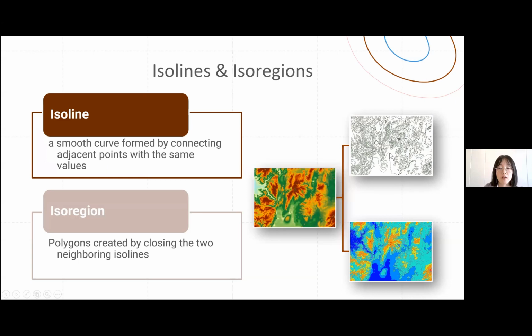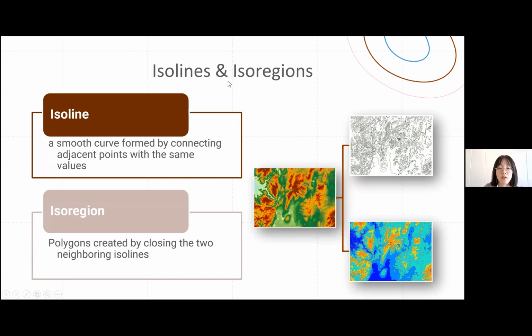Okay, so now let's have an introduction on isolines and isoregions again. If we want to have a clear understanding of the distribution of values on a raster surface, usually we would recommend you to create isolines or isoregions.